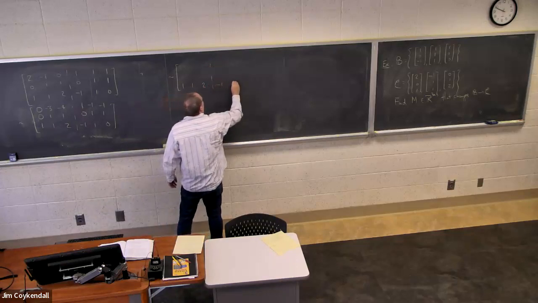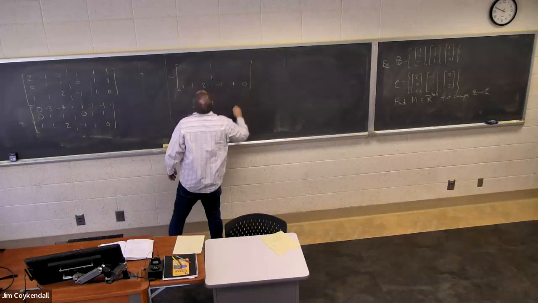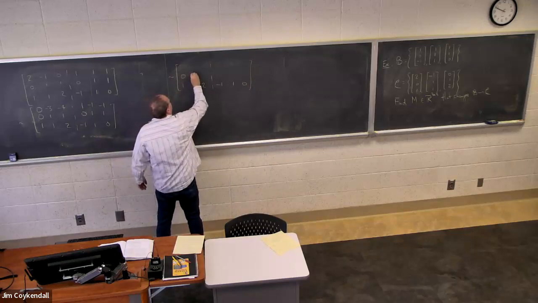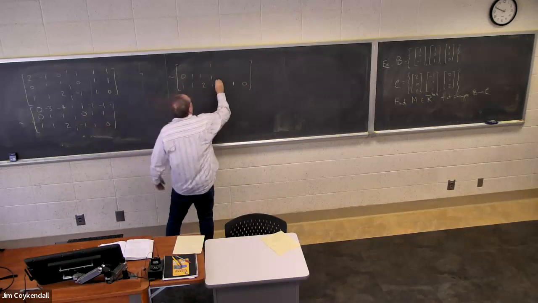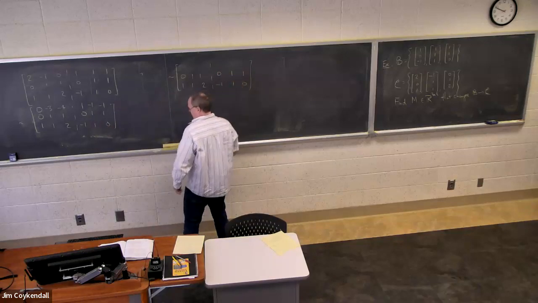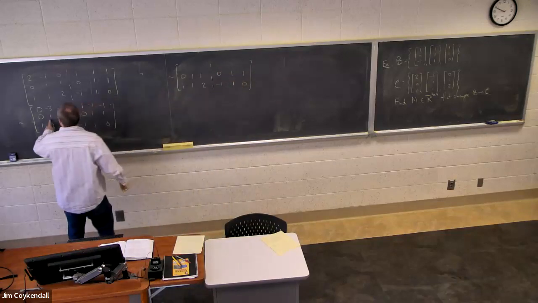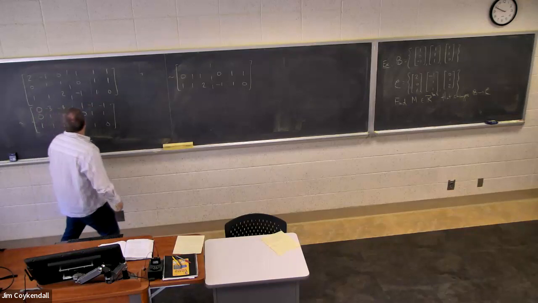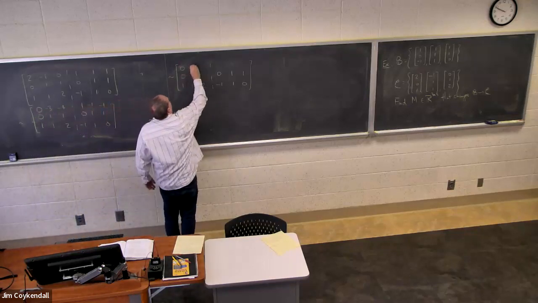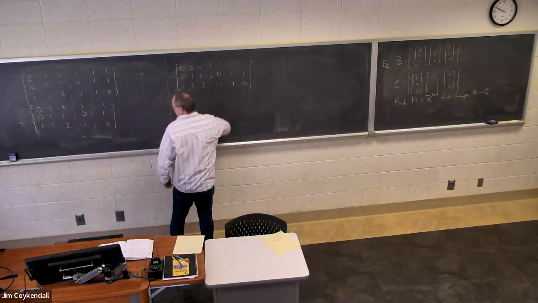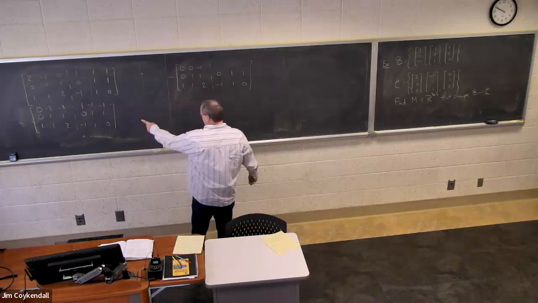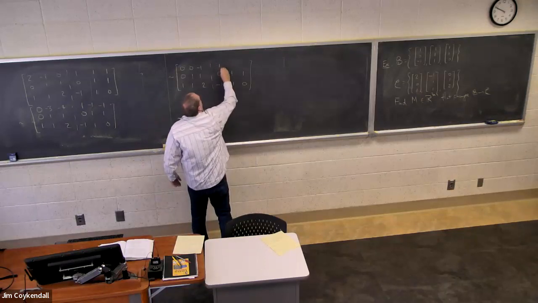Minus 1, 1, 0. 0, 1, 1. And 0, 1, 1. Apparently. And multiply this by 3 and add. 0, 0, minus 1. 1, 2, 2.